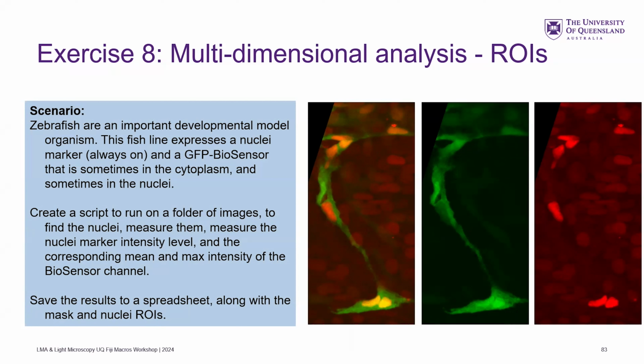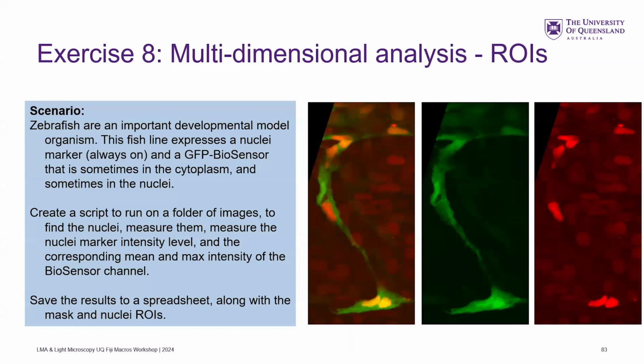And they have nuclei, and the group developed a biosensor where it would shuttle sometimes in the cytoplasm and sometimes in the nuclei and back and forth, so they could get information about when the cell was going to divide. And so sometimes it's obvious in the nuclei, and the nuclei were labeled red.